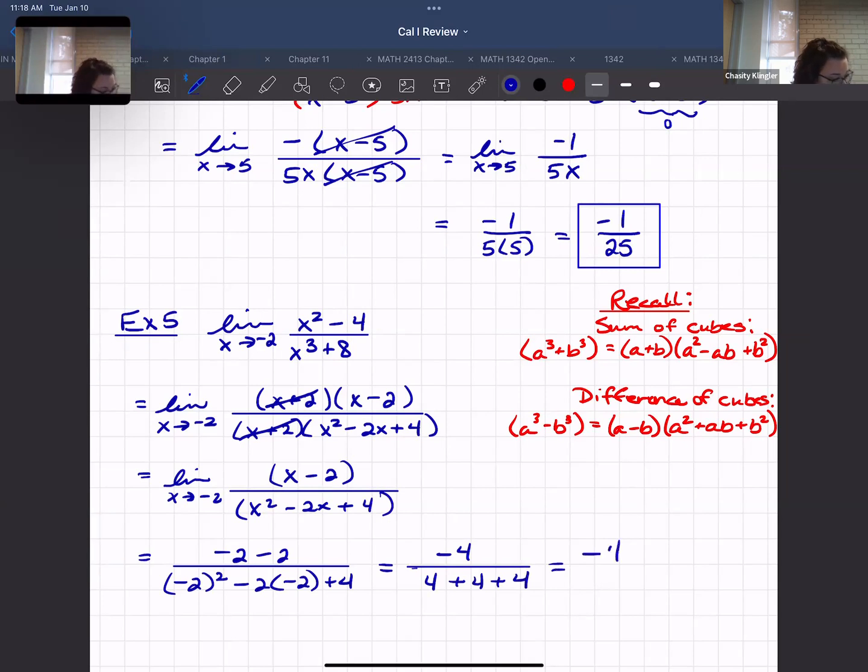So negative 4 over 12, which will be negative 1/3.